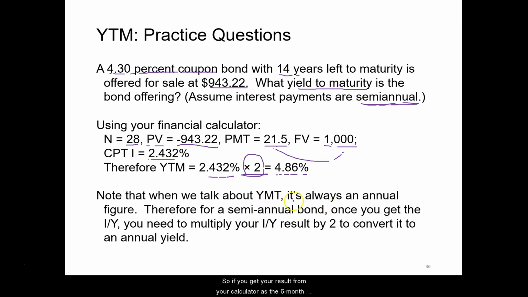So yield to maturity is always an annual figure. If you get your result from your calculator as the 6-month I/Y, you need to multiply your I/Y result from the calculator by 2 to convert it to an annual yield.